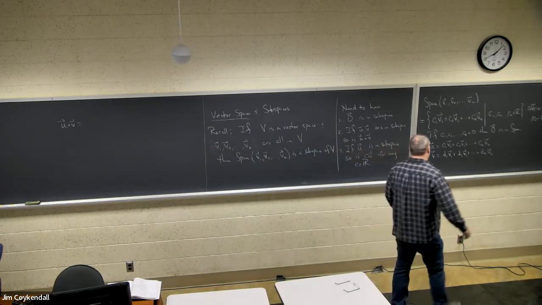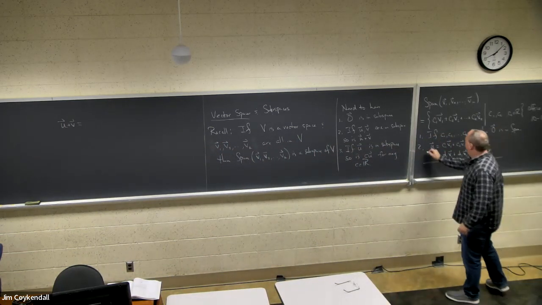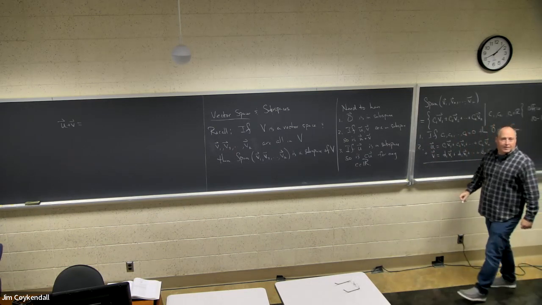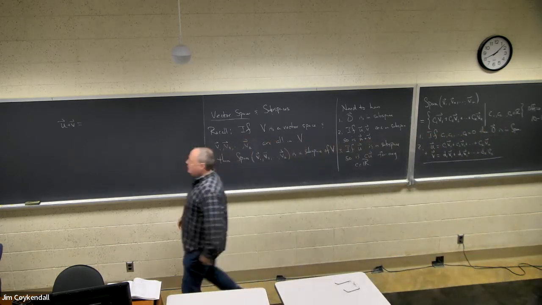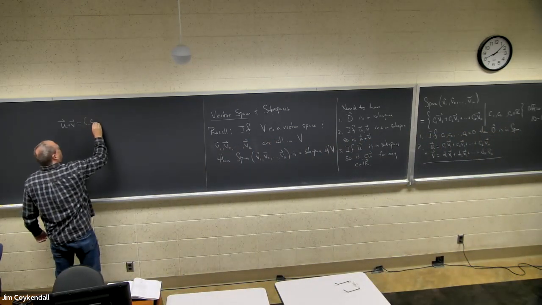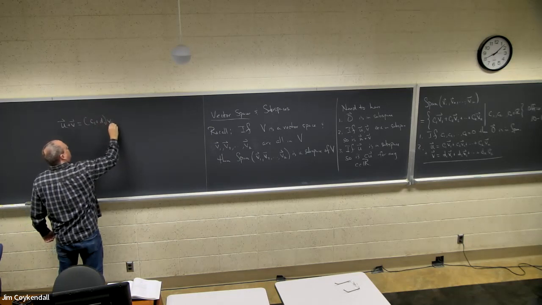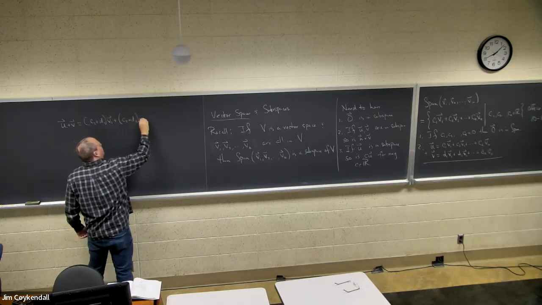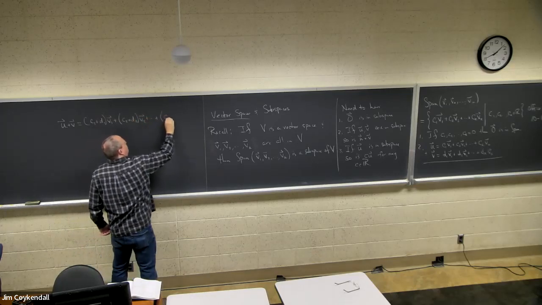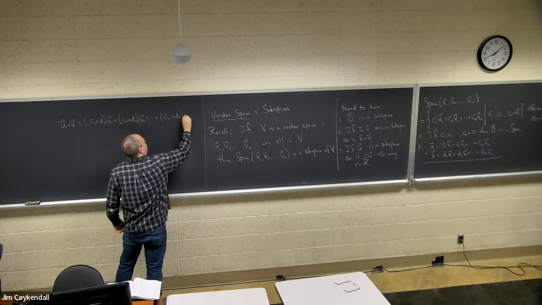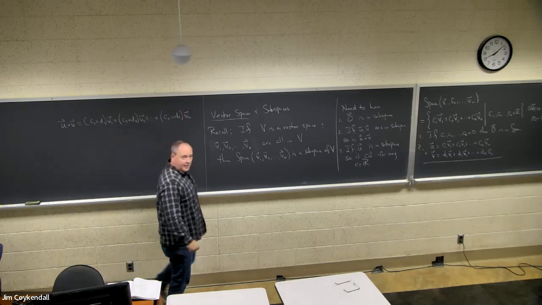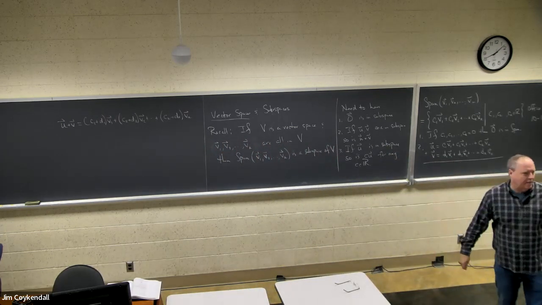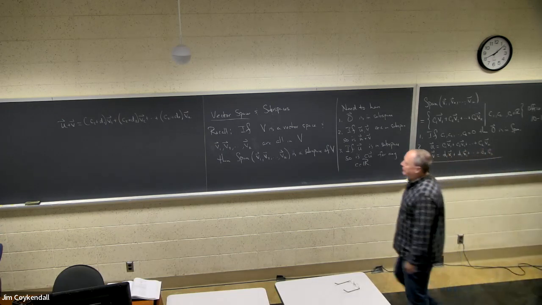Now, what happens when I add U and V? Basically, I just add these vectors all up, right? Everybody agree with that? And what do we have now? We have a brand new linear combination of the B's, right? So this is in the span.